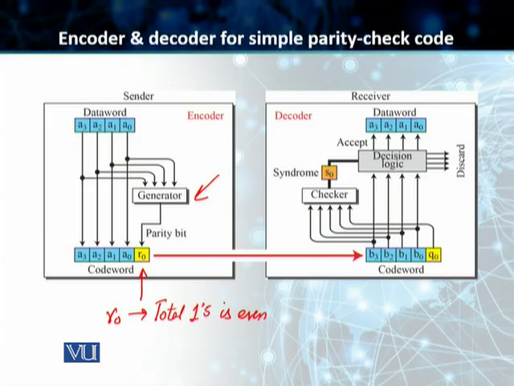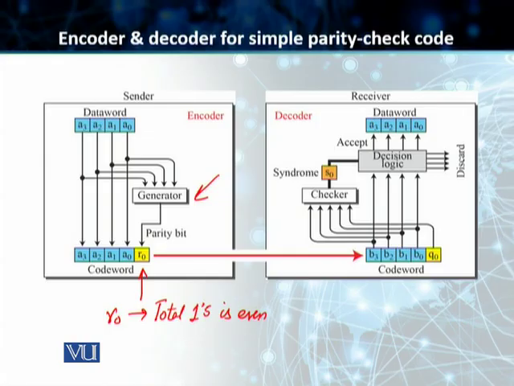It takes a copy of the 4-bit data word A0, A1, A2, and A3, and then the parity bit is added, which makes the number of ones in this code word even, and this is normally done by adding the 4 bits of the data word in modulo 2 arithmetic to get the parity bit. So students, if the number of ones is even, the result is a 0, and if the number of ones is odd, the result of this generator is a 1.